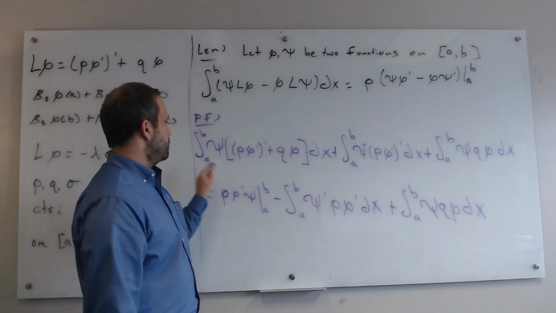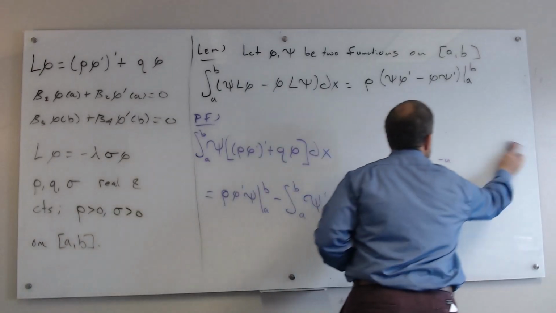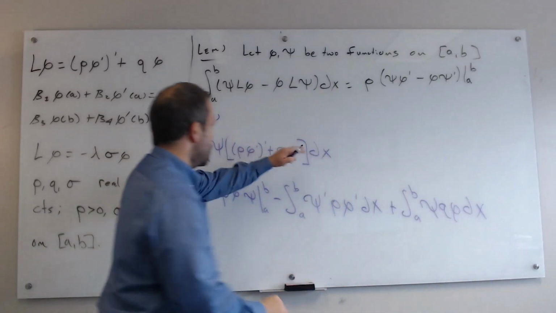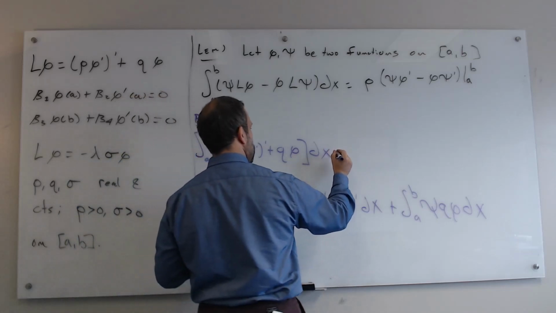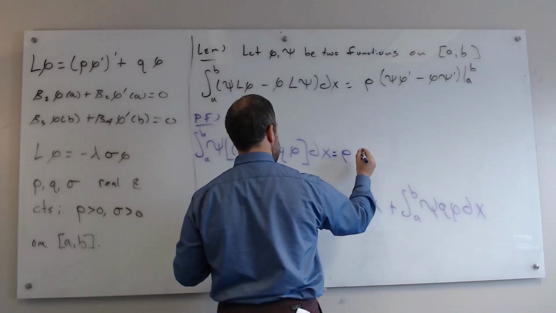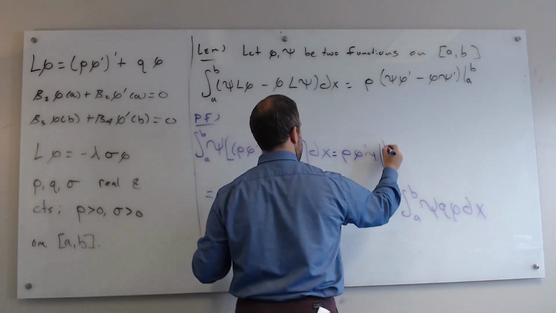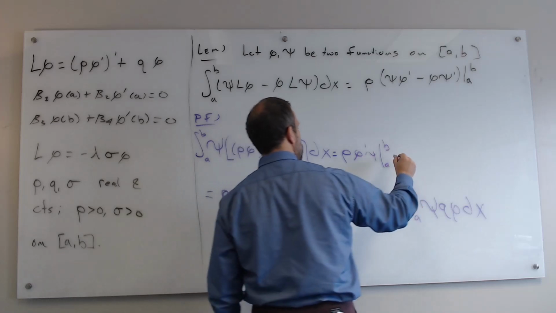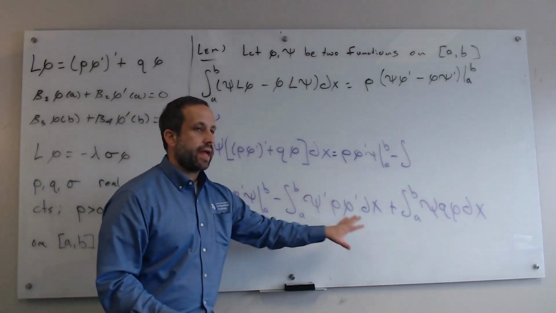So this integral here is equal to what I have down here below. So this is equal to p phi prime psi from a to b, and then I'm going to do minus, and I'm going to combine this back into one integral.